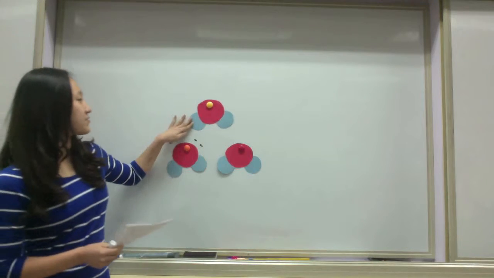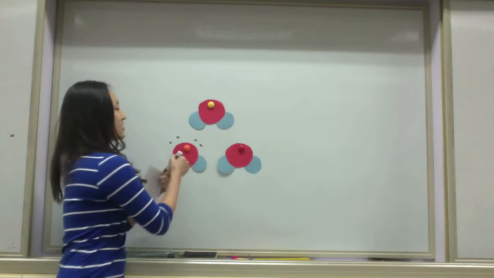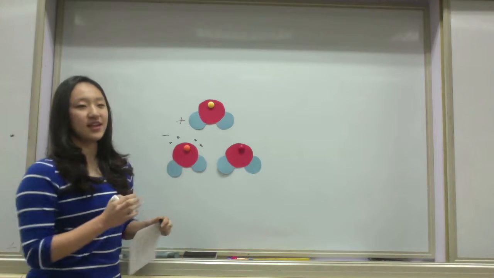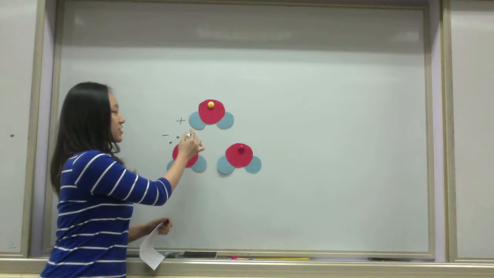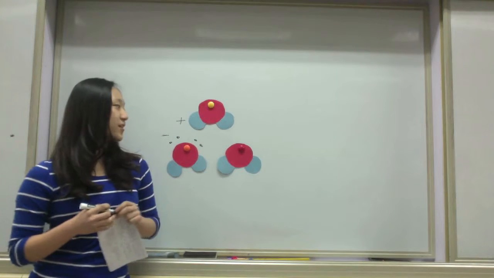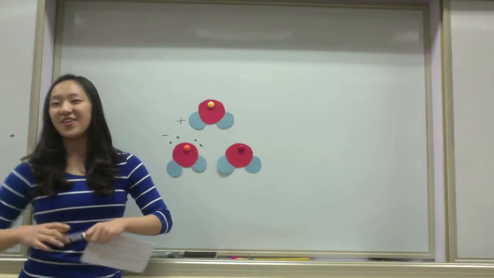These properties arise because of the hydrogen bonds between the molecules. So this is hydrogen, right? And this, as I said just now, is positively charged, and this part is negative. And so the interaction between these 2 molecules is called a hydrogen bond.